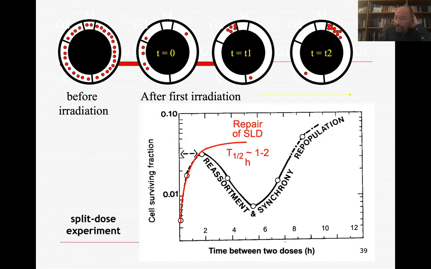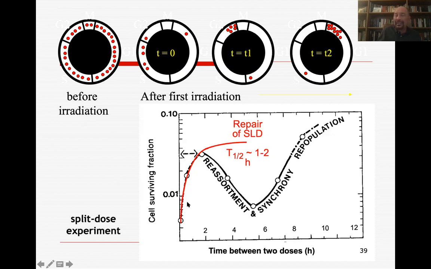The problem of the cell cycle sensitivity is important for what is called the reassortment of the cells. And this is why fractionation is so important. So when you make a split dose experiment, you will have a preference for killing cells in sensitive phases. This is now the cell surviving fraction as a function of the time between the doses, and this is the repair of sublethal damage.